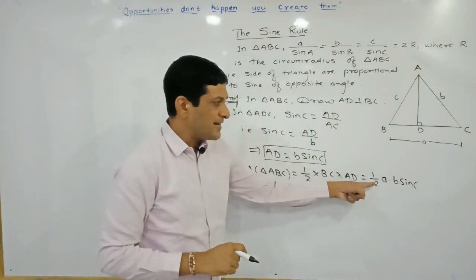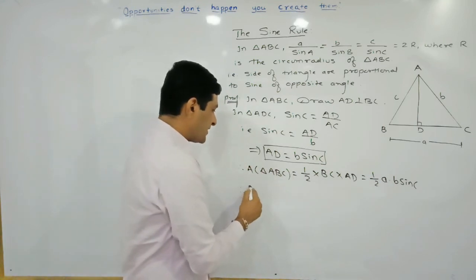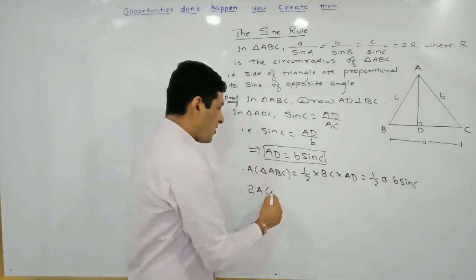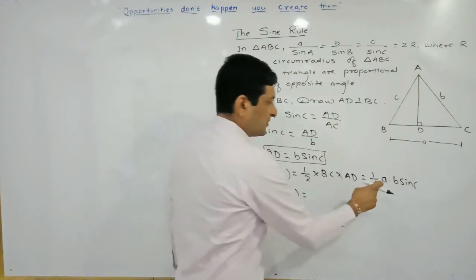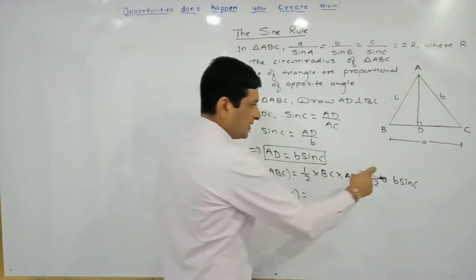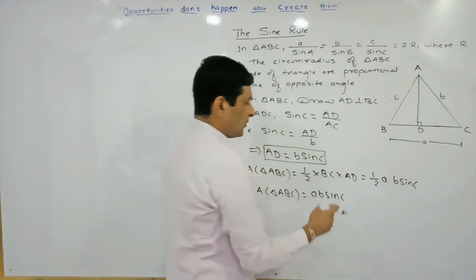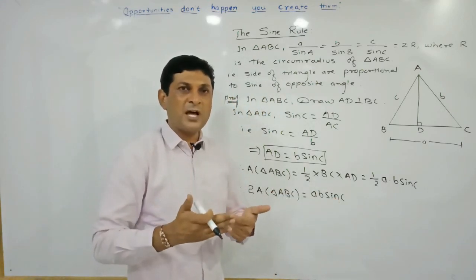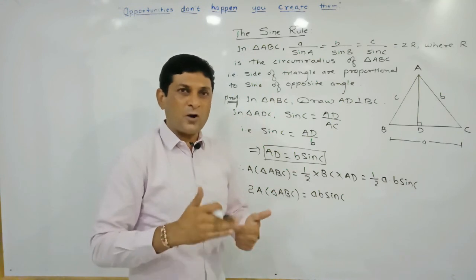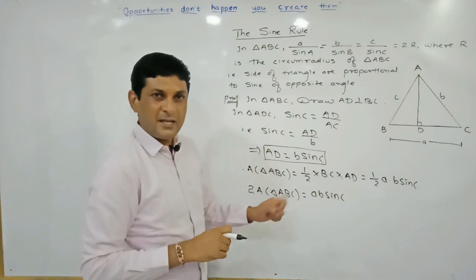Now 2 is divided on this side, so it will get multiplied on the left hand side. Therefore twice the area of triangle ABC is equal to ab sin C. Now, observing this result, we are again trying to find two results related to twice the area of triangle ABC.